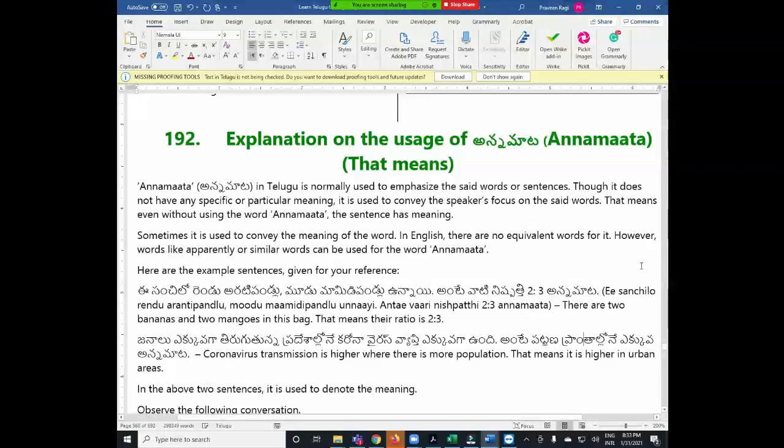రెండు అరటి పండ్లు. Okay, so if we use the translation of there also, we can say akkada rendu arati పండ్లు ఉన్నాయి. There are 2 bananas. If we translate word to word, the full sentence meaning is akkada rendu arati పండ్లు ఉన్నాయి.